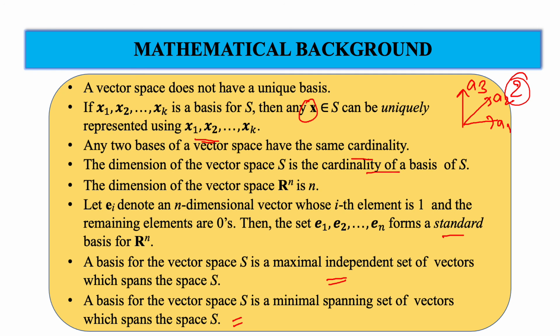So these are the necessary elements to span S. So these are the two important concepts: a maximum independent set of vectors which spans S, and a minimal spanning set. You can't add anything because it will become dependent, and you can't remove anything from that set of basis vectors because it will not span the space.